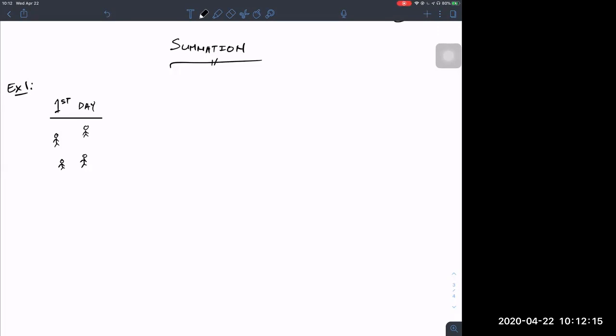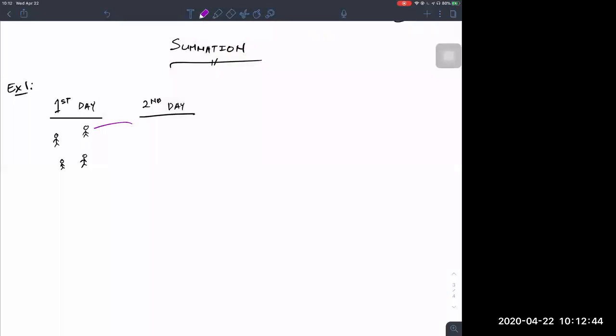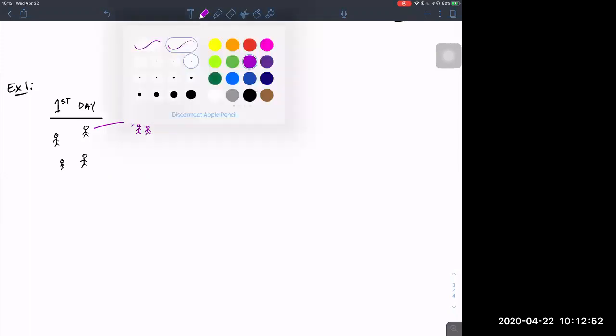For the second day, it says that the growth reaches 2 new people the next day. So assuming that all 4 people saw it, because they share it, it reaches 2 new people each. This part's a little tedious, but let me draw each person with a new colored pen.